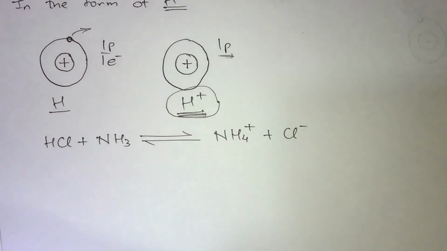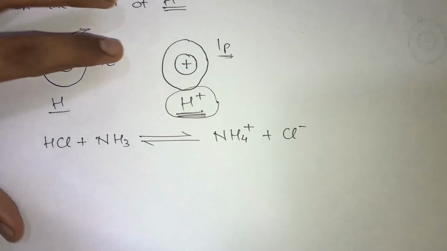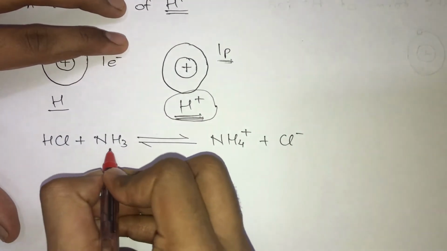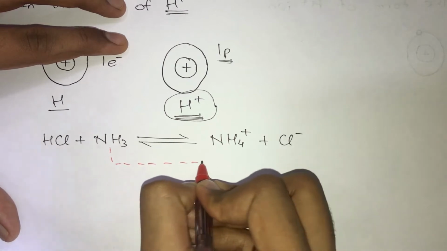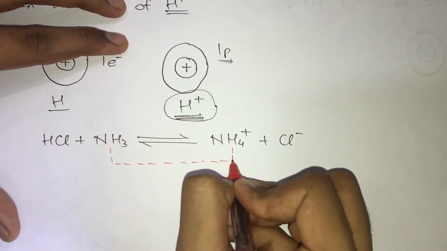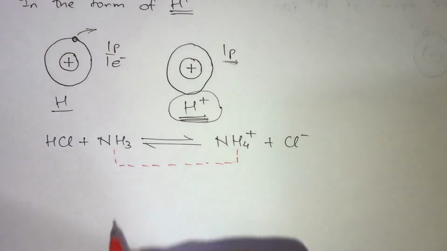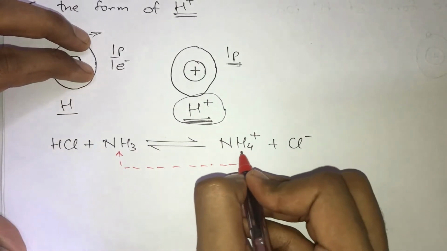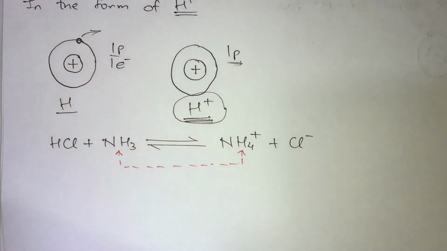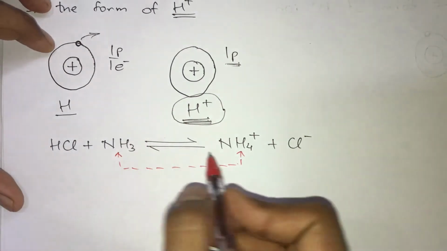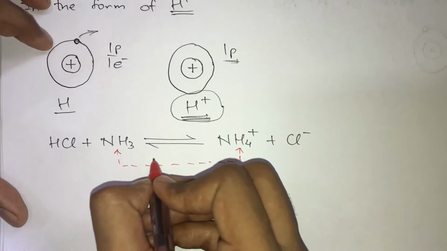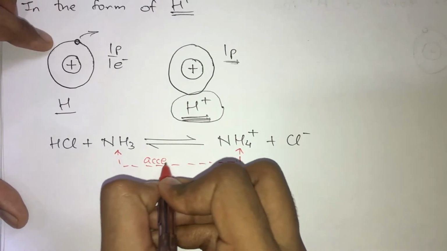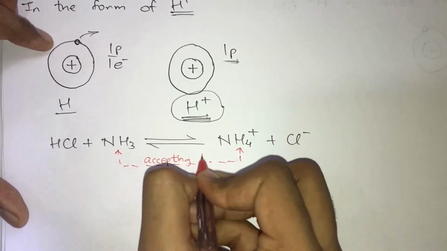Now if you observe this reaction carefully, can I say that this NH3 after the reaction is getting converted into NH4 plus, and when it is getting converted into NH4 plus, it is accepting an H plus ion?